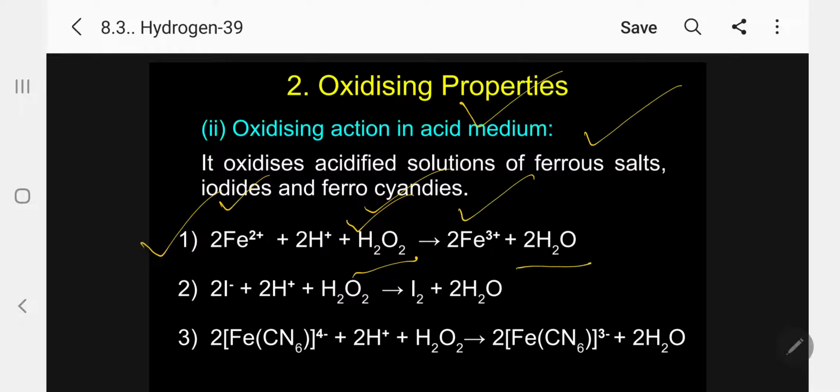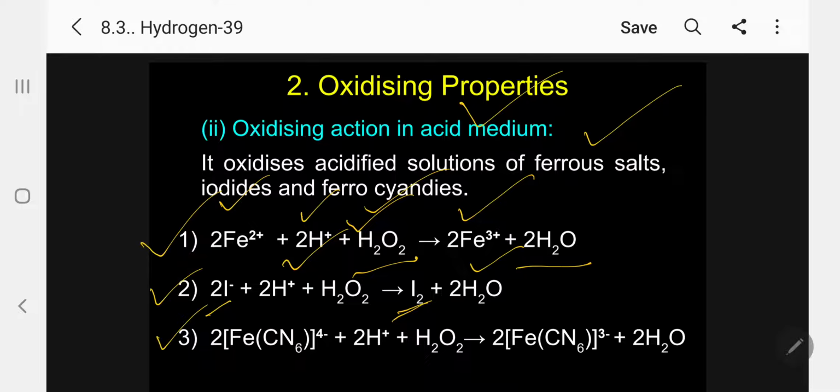So hydrogen peroxide undergoes reduction to water. This is oxidation in acid medium. Number 2, iodide, it is getting oxidized to iodine. Kindly follow. In the presence of acid medium, hydrogen peroxide undergoes reduction to water.